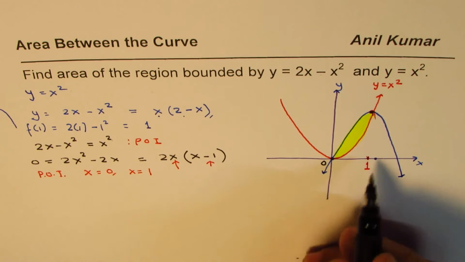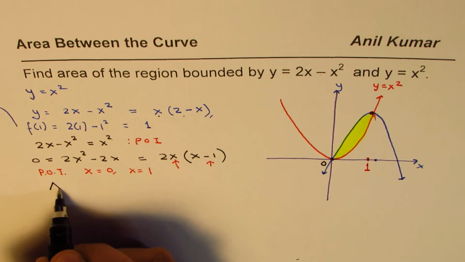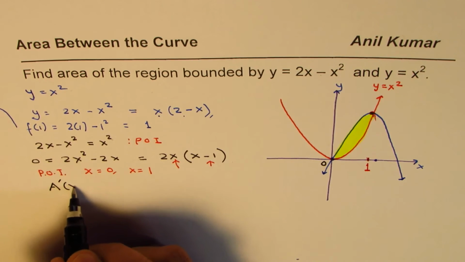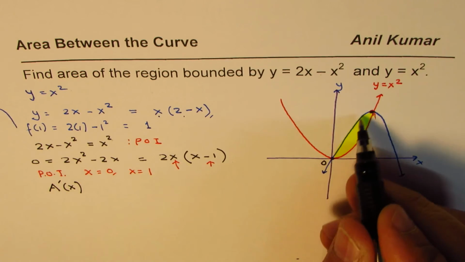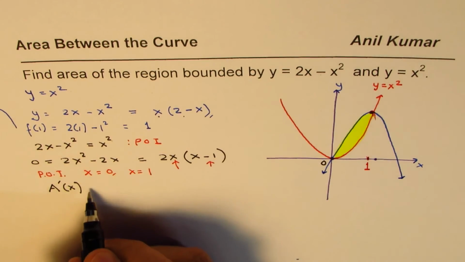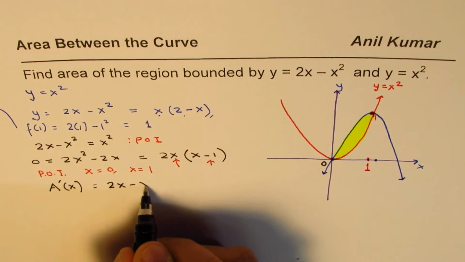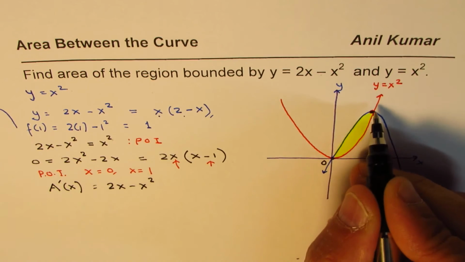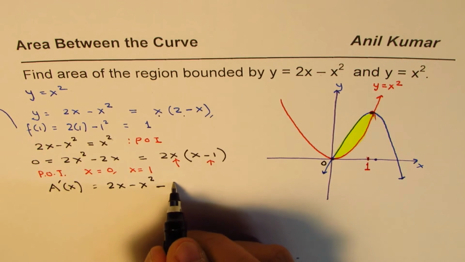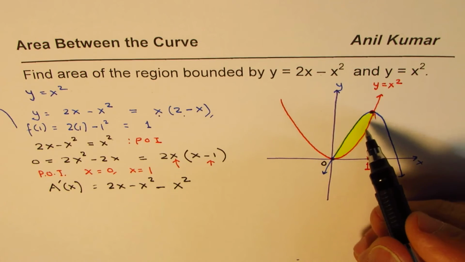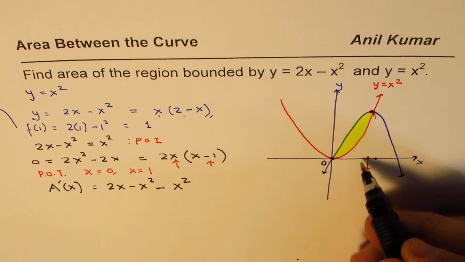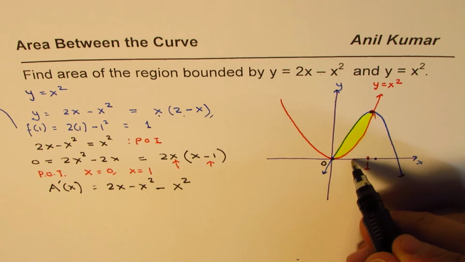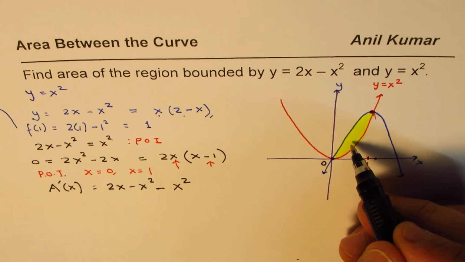Now the area of this region will be, since 2x minus x squared is on the upper side, we take the difference of these two: the area under 2x minus x squared, minus the area under x squared, between the curve and the x-axis, right?